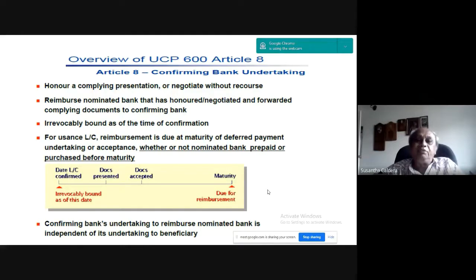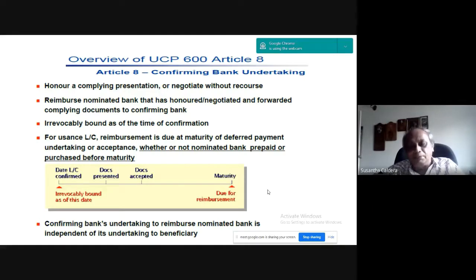Then the confirming bank. When I discussed confirmation, I told you that when you open the LC and ask for confirmation to be added, the confirming bank is going to be in the same shoes as the issuing bank.